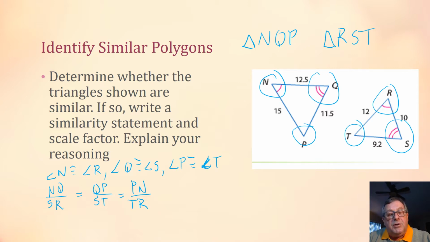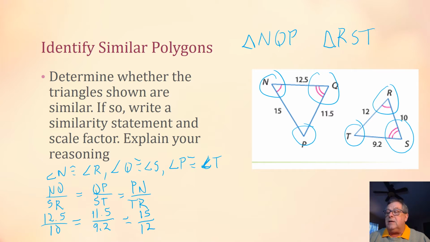So let's see, the length of NQ is 12.5 over SR is 10, and QP is 11.5. They're not making it easy on this proportionality, over ST, which would be 9.2, and that should all be equal to PN, which is 15, over TR, and TR is 12.